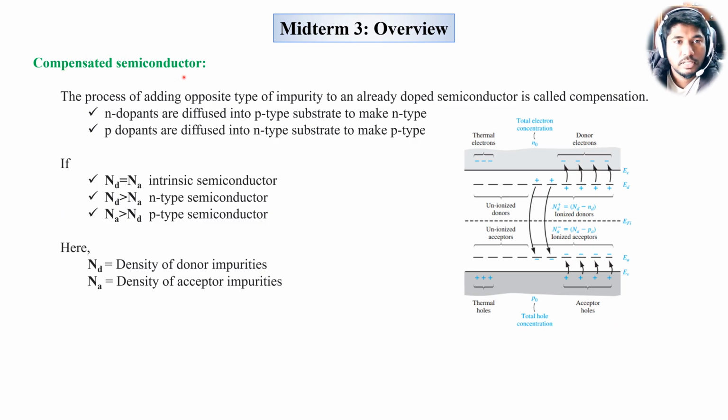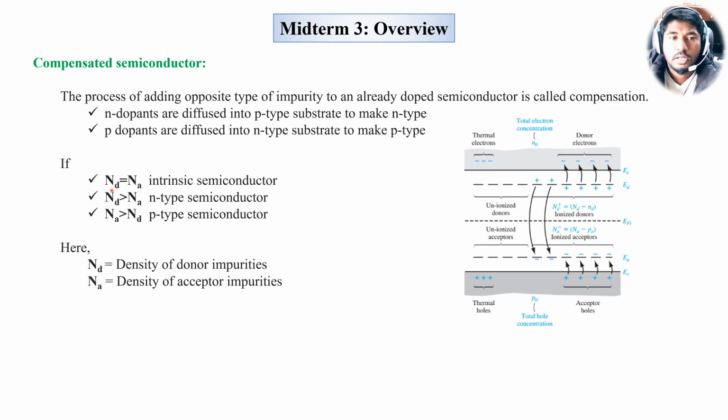Now compensated semiconductor. Actually, the process of adding opposite type of impurity to an already doped semiconductor is called compensation, right? N dopants are diffused into P substrate to make N type. Similarly, P dopants are diffused into N type substrate to make P type.